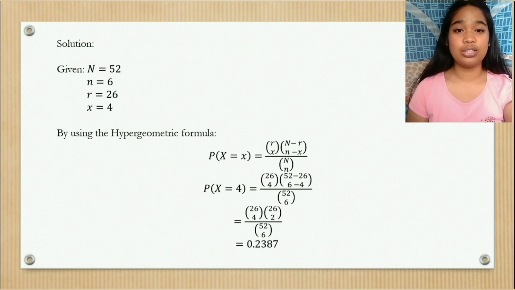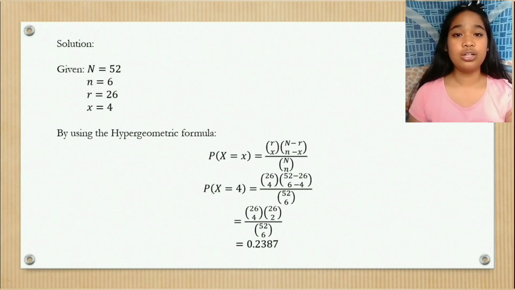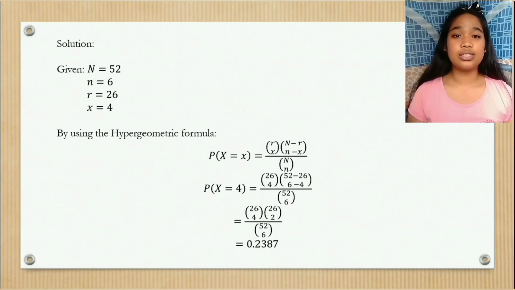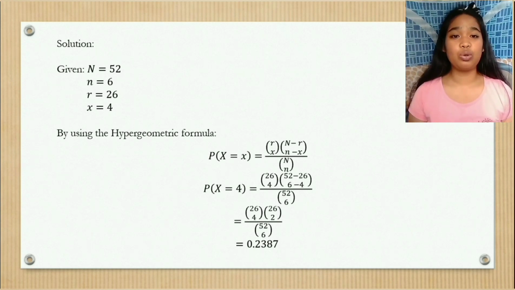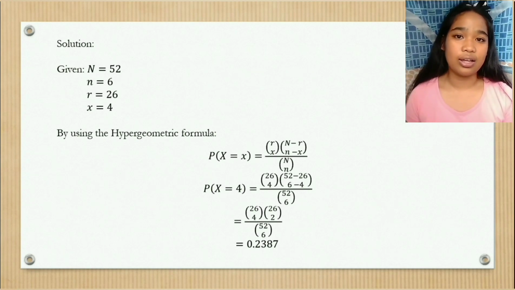Then solve this using combinations: 26 combination of 4 times 26 combination of 2 divided by 52 combination of 6 equals 0.2387. Therefore, there is a 0.2387 probability of drawing exactly 4 red cards while drawing 6 random cards from an ordinary deck.